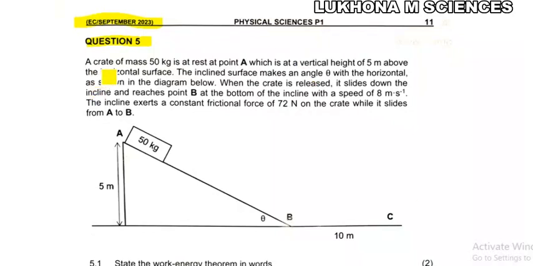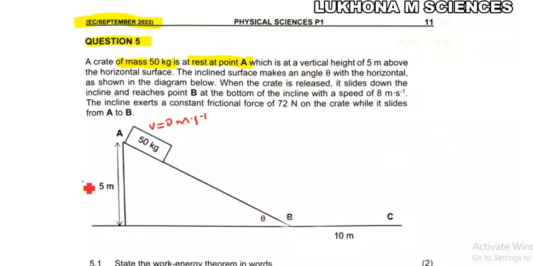A crate of mass 50 kgs is at rest at point A. Now the crate here is at rest, meaning that the velocity is 0, which is at a vertical height of 5.